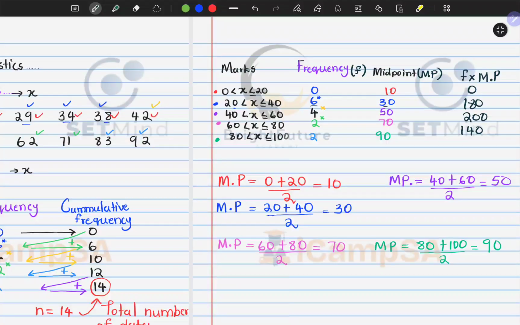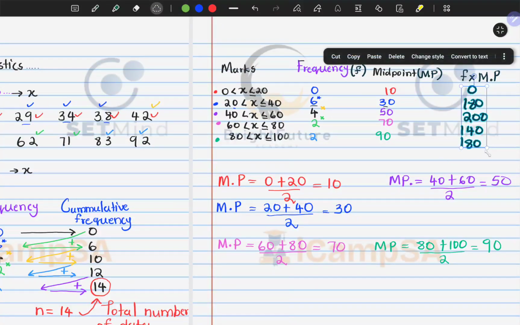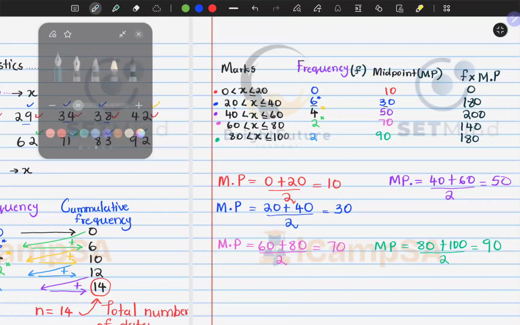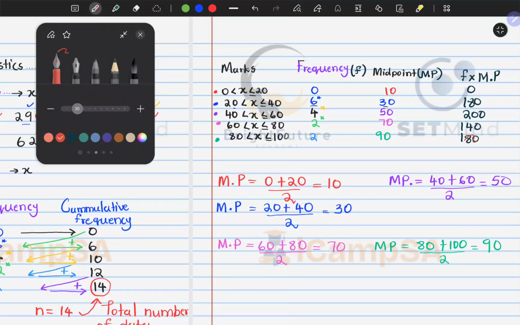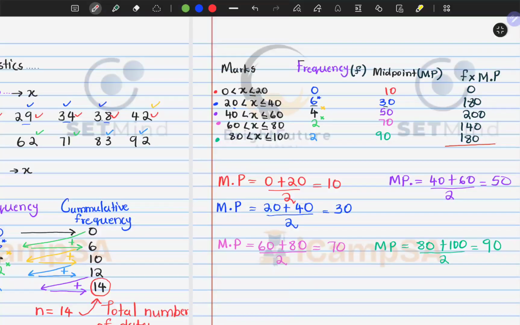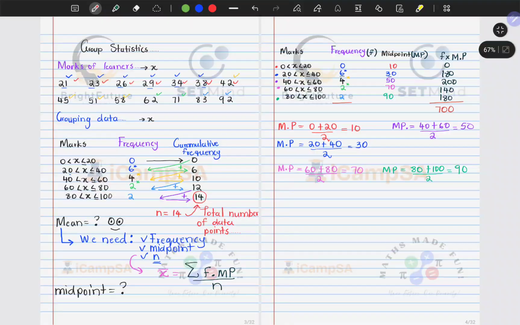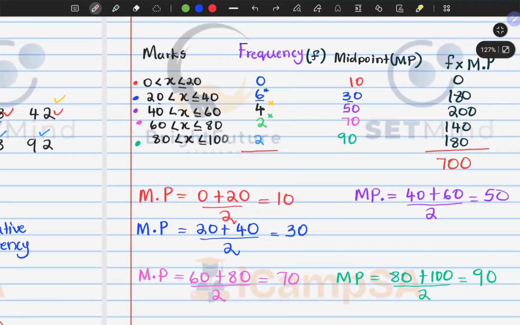And then 2 by 90, and that should be 180. Okay, so that is what we end up getting, guys. If you observe carefully, we can find that sum: 0 plus 180 plus 200 plus 140 plus 180, and what we end up getting here is 700. Then for the frequency or the n, it will just always be 14. But what you can do is add up these numbers, and you'll see that you'll get 14.